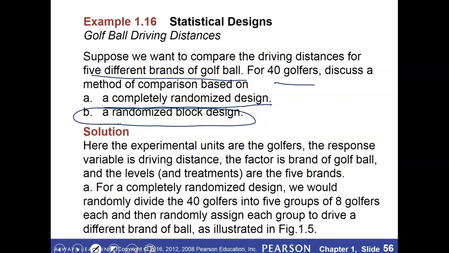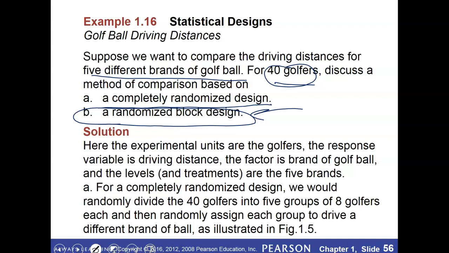The block design is going to come into play because of our 40 golfers, there might be female golfers and male golfers. And maybe for male golfers, it has a bigger effect than on female golfers or vice versa. And so we might want to separate how certain brands are affected by whether the golfers are female or male.